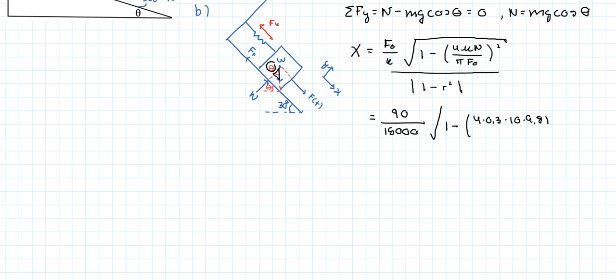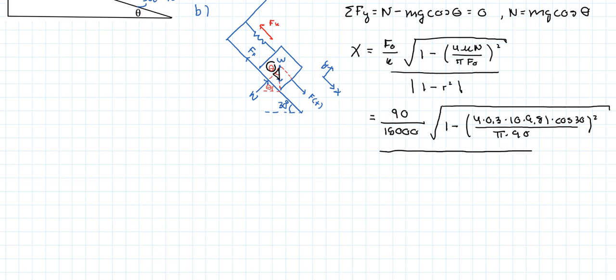Now remember the normal force, we need to multiply it by the cosine of 30. All of this is divided by the absolute value of 1 minus, we said, 2 pi times 25 for the excitation frequency, divided by the square root of 15,000 over 10.